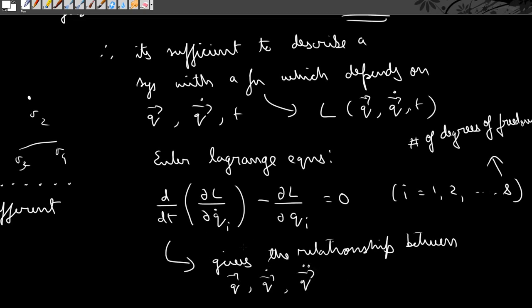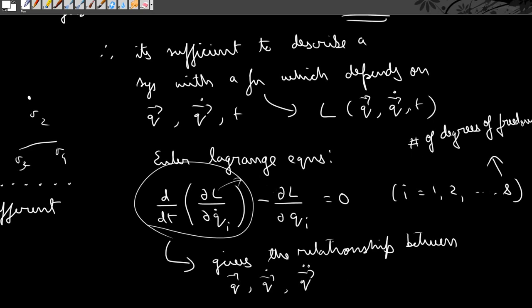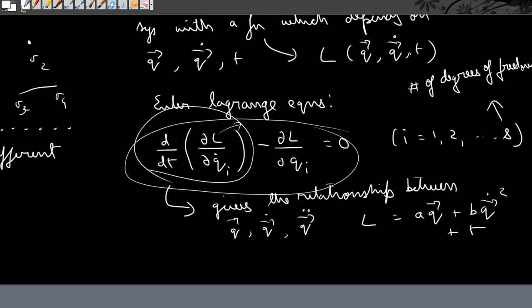So this q double dot information we get from this part of the equation, and since L depends on q dot and t, this particular equation is going to give us the relationship between q dot and q double dot. So for example, let's say the L is dependent on some aq plus bq dot square, or something like this. It can be anything, any function of q dot and t, let's say plus t, something like this.